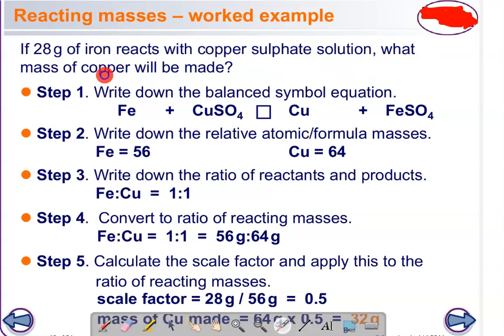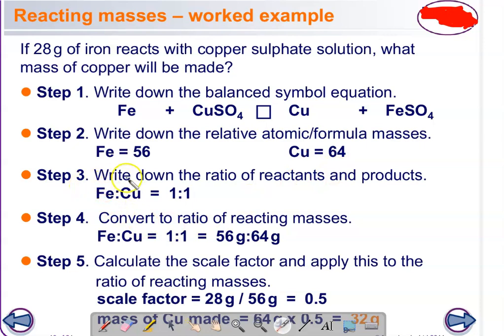So we are looking for copper if we have a specific amount of iron. These two elements are our concern. We don't really care about iron sulfate and copper sulfate at this stage. So let's go ahead and write down the relative formula masses. The relative formula mass of iron is 56, and the relative formula mass of copper is 66.